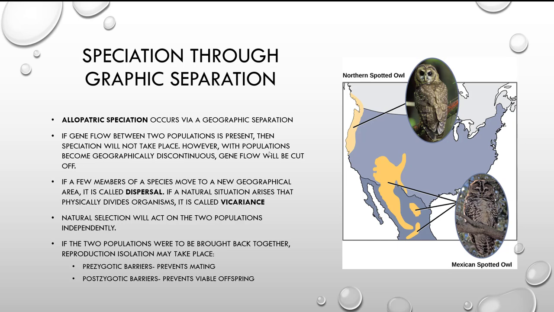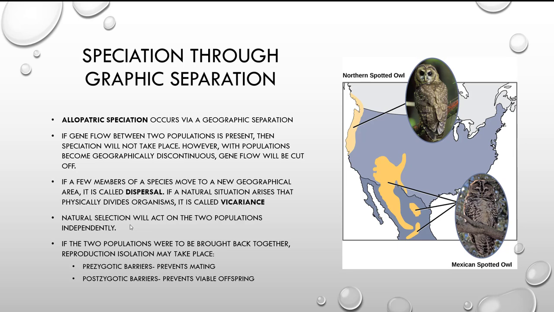And if enough time goes by, generations and generations we're talking about, maybe several hundred generations, maybe several thousand generations, each of these populations will undergo natural selection within their own environments. Okay, natural selection will act on them independently from each other. And so during that period of time, the two populations will slowly become different from each other, okay?